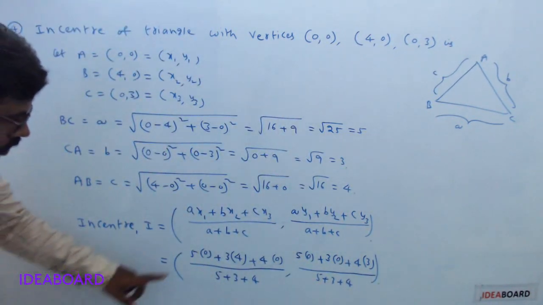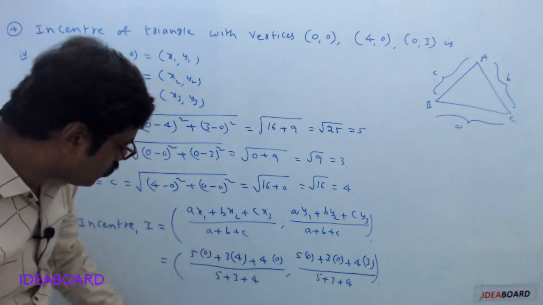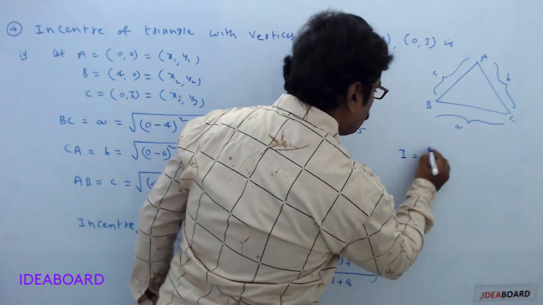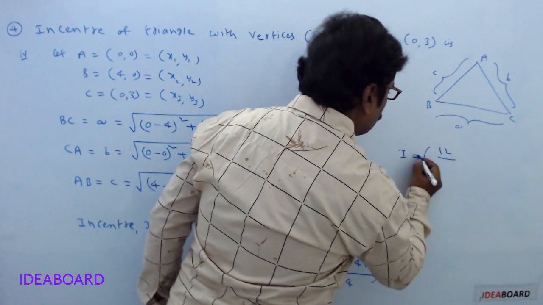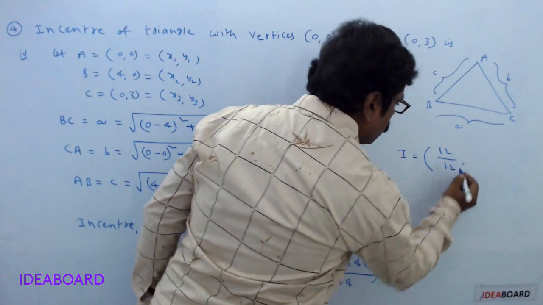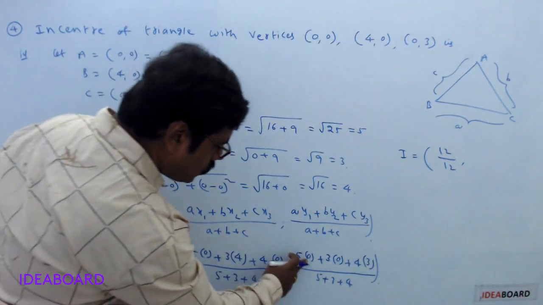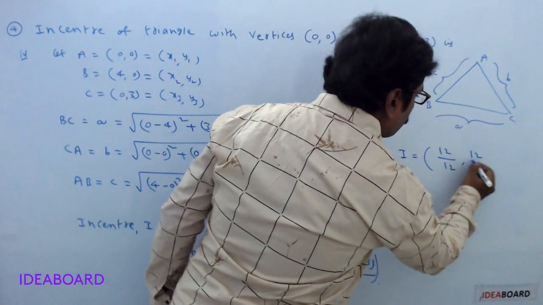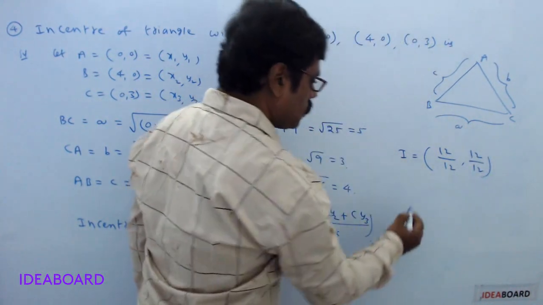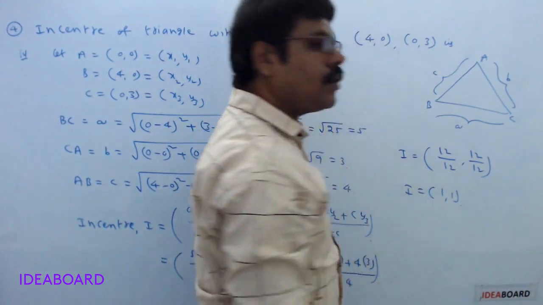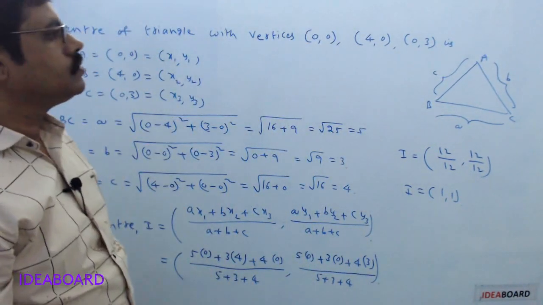Now what is the simplification? It is 0, it is 0, 3 into 4, 12. So numerator value 12, what about denominator? 12. For the y coordinate, it is 0, 0, 4 into 3, 12, divide by 12. So therefore, incenter I equals (1, 1).